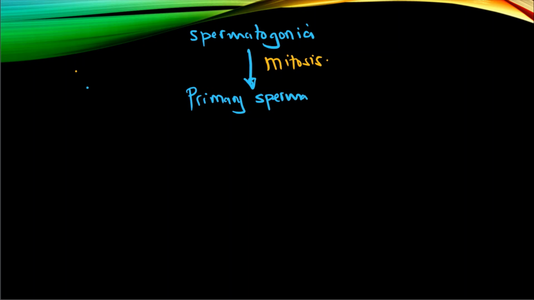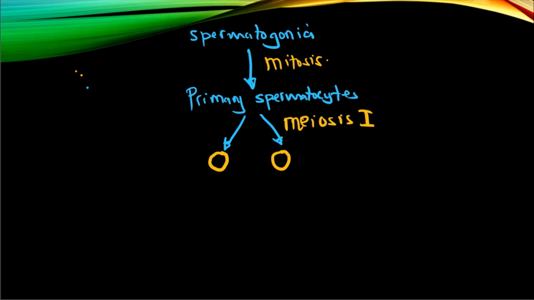These primary spermatocytes are going to undergo meiosis 1, and then they will produce two secondary spermatocytes.